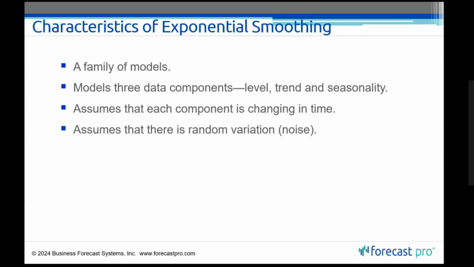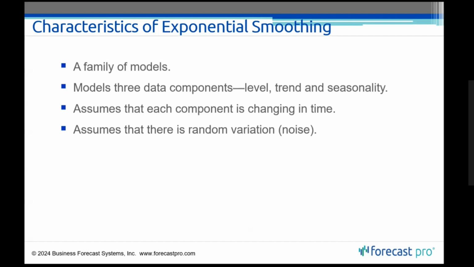In other words, if I have a lot of random up and down in the data, by averaging out over a long period of time, I can reduce that random variation because the random variation will cancel itself out.